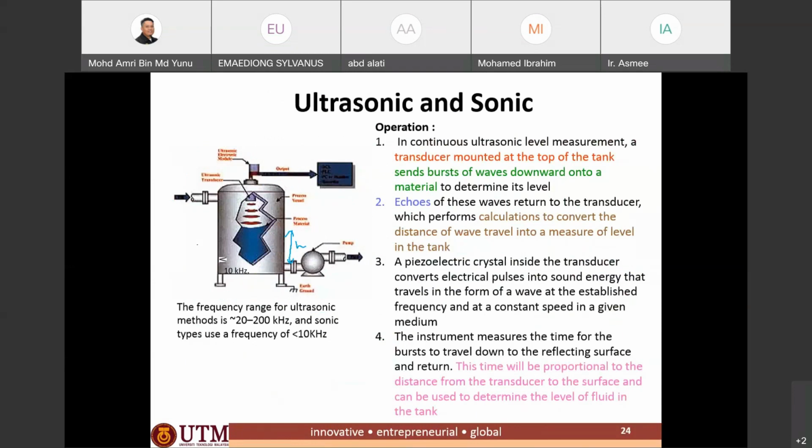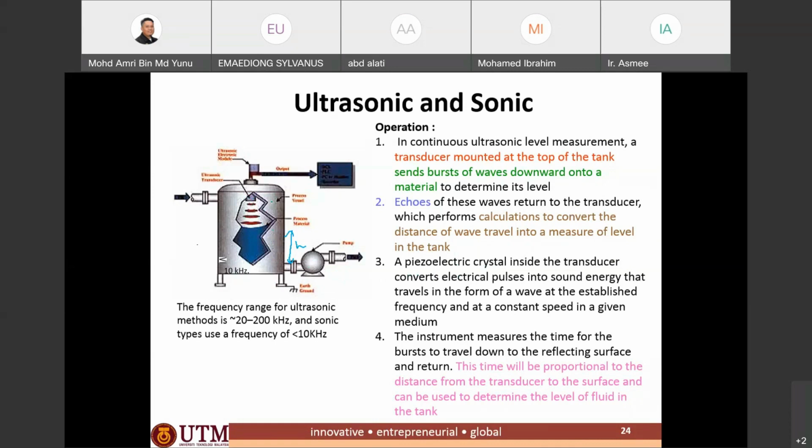Okay. Next, we have our ultrasonic sensor. It is used for continuous level measurement. So basically, this system requires installation of an ultrasonic sensor on the top of the tank, where the ultrasonic signals are in the frequency range between 20 to 200 kilohertz. Basically, an acoustic signal is transmitted from the top.